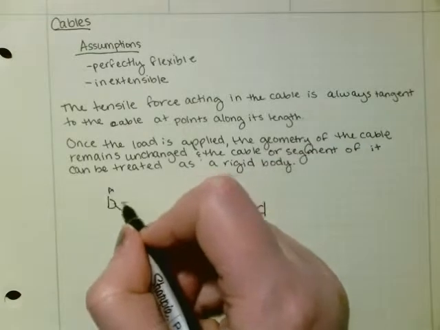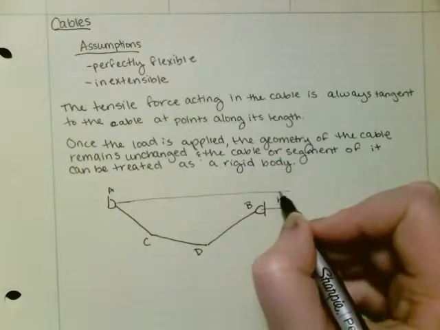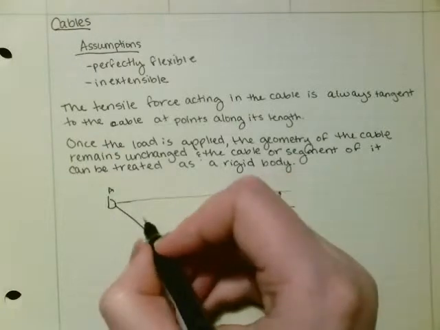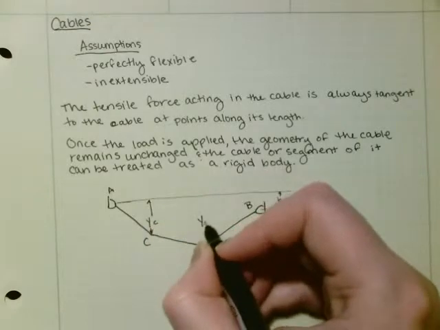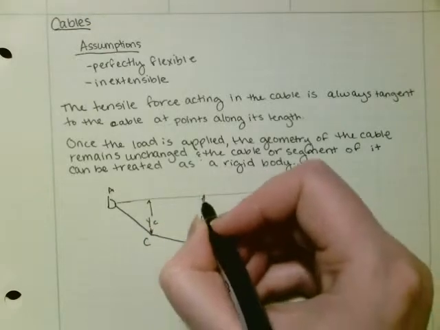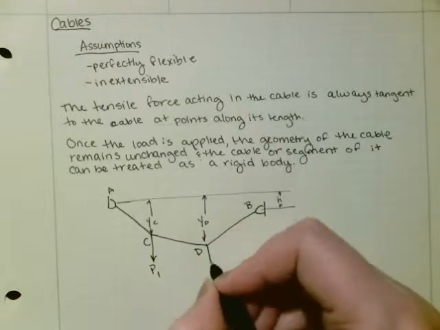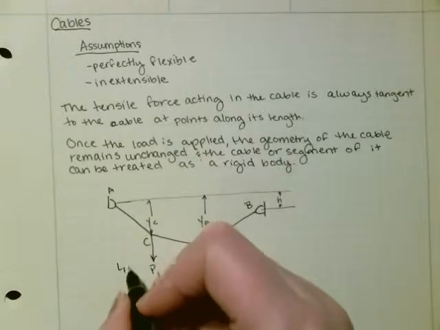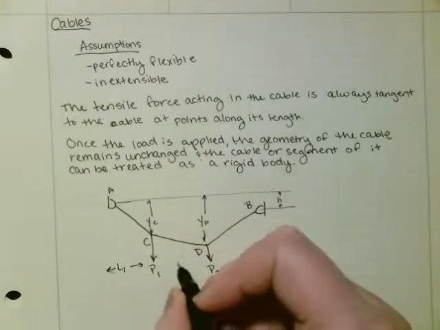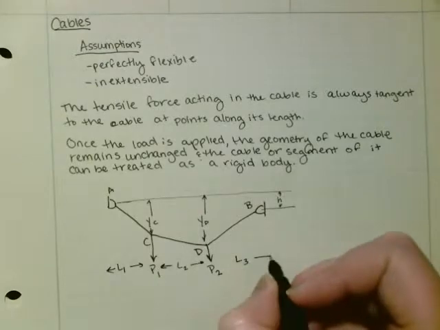Let's say the height from A to B is H. From Y there's YC and YD. And there's P1, a load acting right there, and a load acting right there, P2. We know this length, and this length.